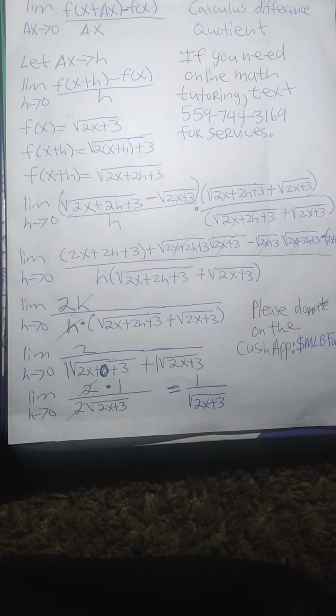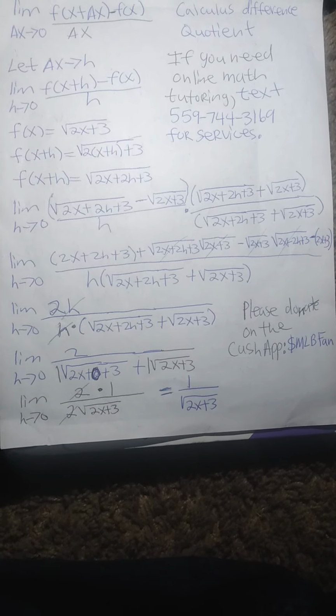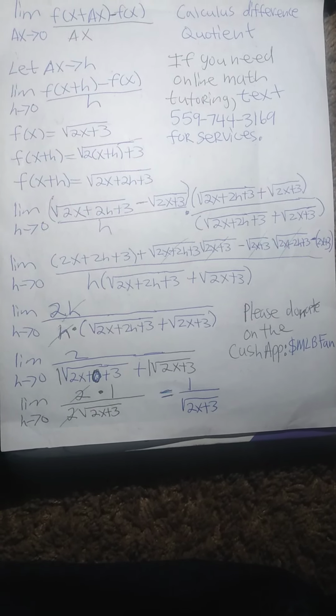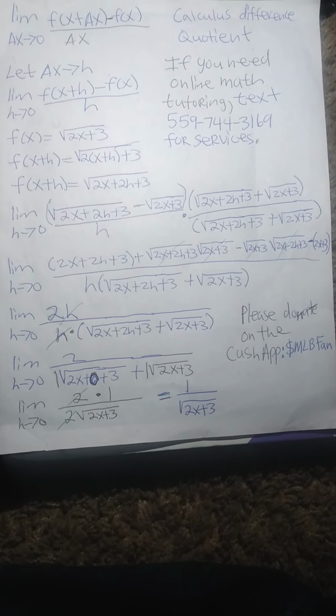So we're going to multiply by the square root of 2x plus 2h plus 3 plus the square root of 2x plus 3, divided by the square root of 2x plus 2h plus 3 plus the square root of 2x plus 3.